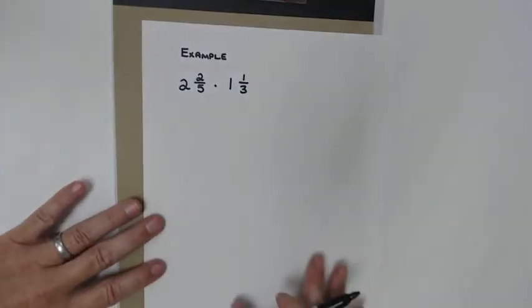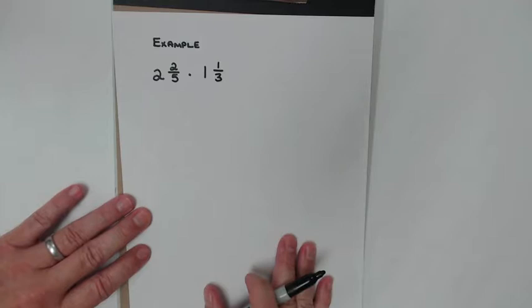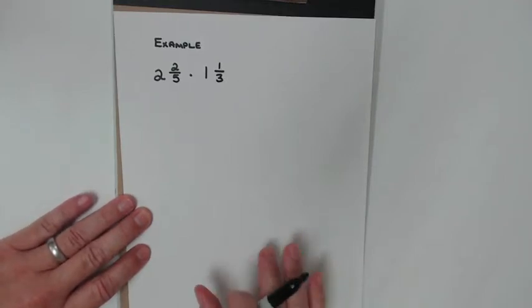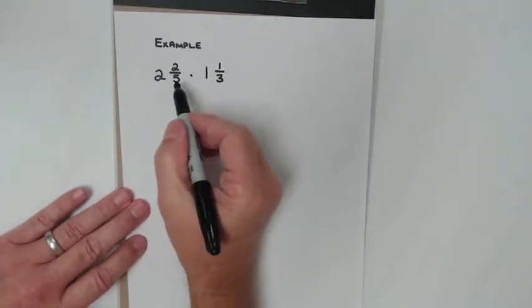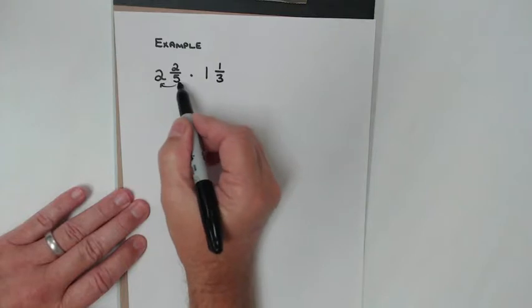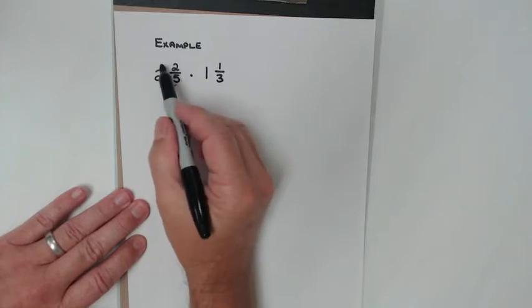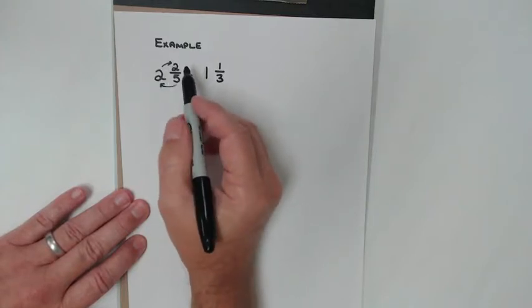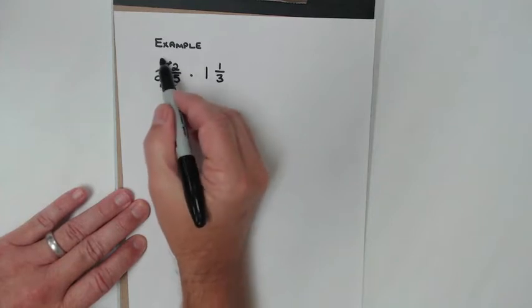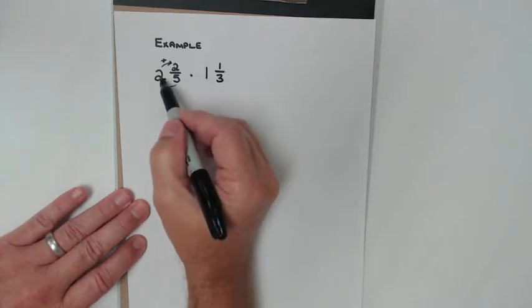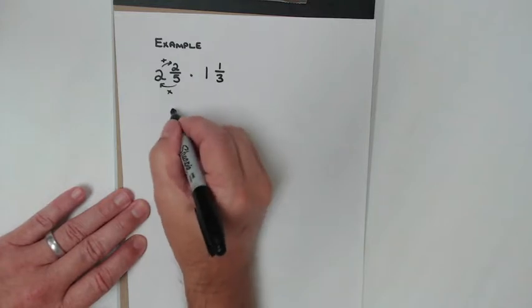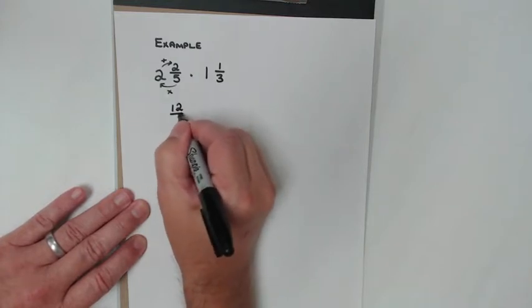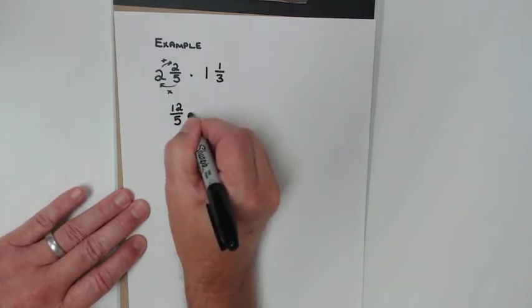Let's try one more. I've got 2 2/5 times 1 1/3. I'm going to use my method to change each of these to an improper fraction. 5 times 2 is 10, plus 2 is 12, and I keep that denominator, 5.